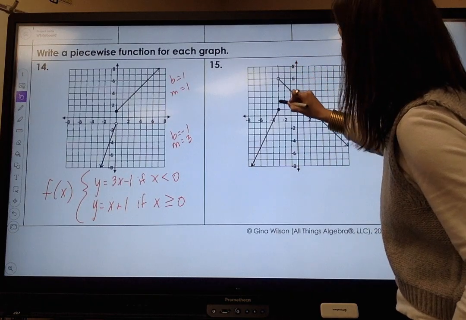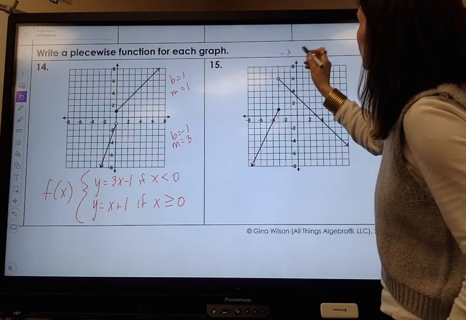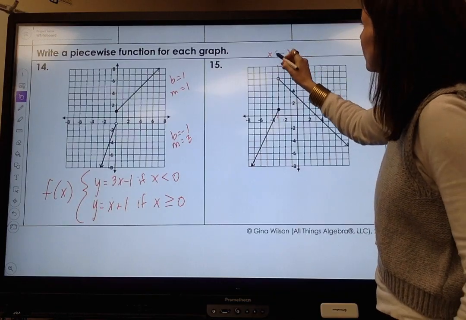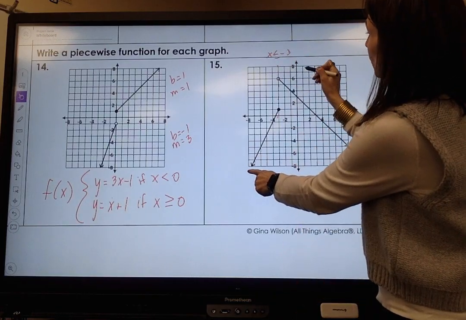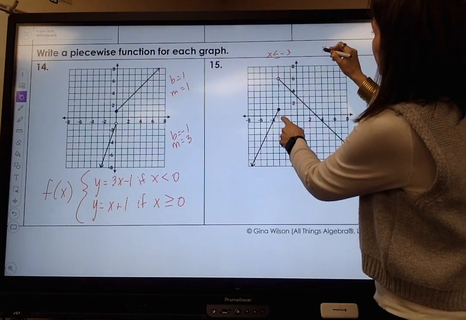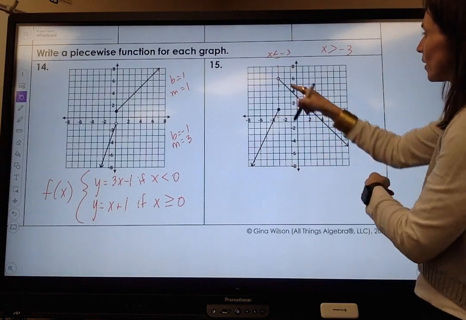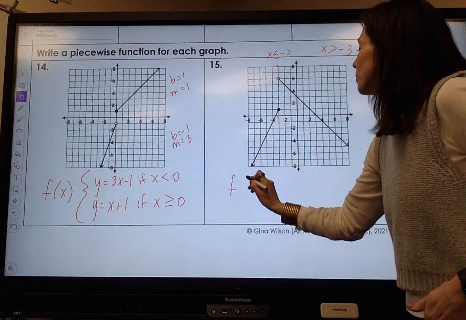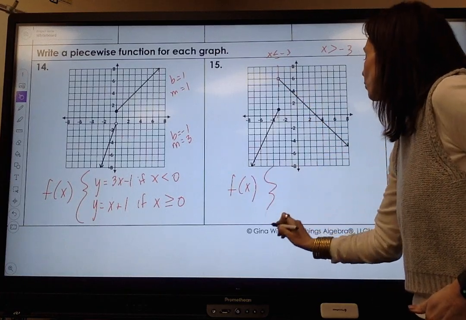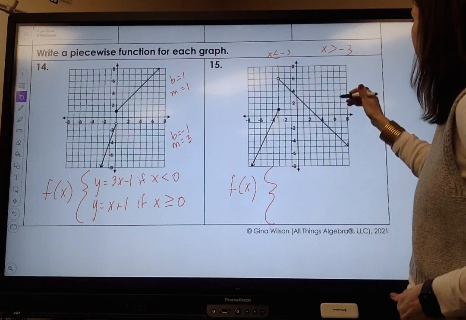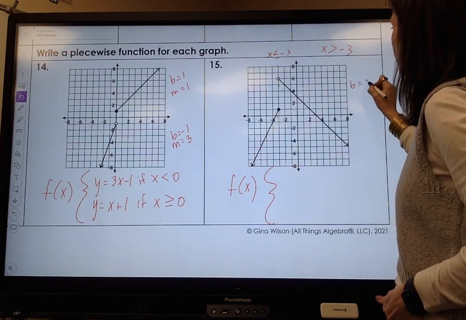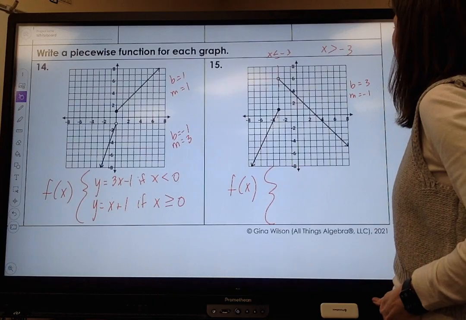Now the line that we're looking at is negative 3. So x is going to be less than or equal to negative 3, and then x is going to be greater than negative 3. So let's look at this line first. I'm introducing my function. I have two parts, so I'm going to have this first line. This beginning point is 3. My slope is negative 1.